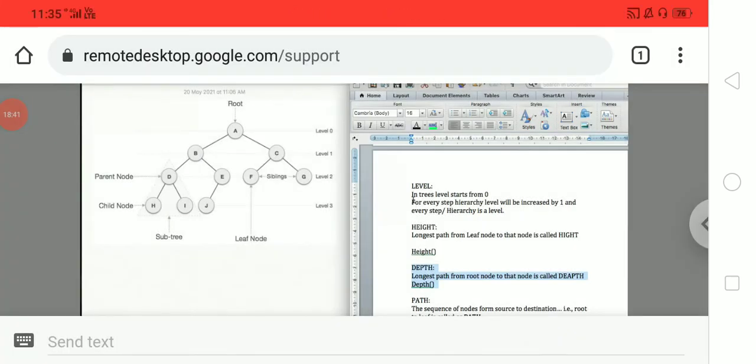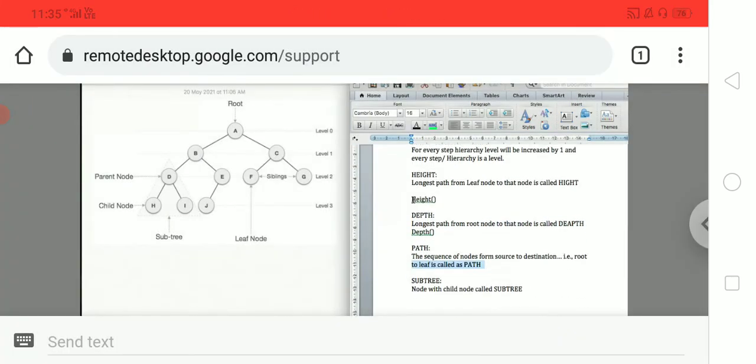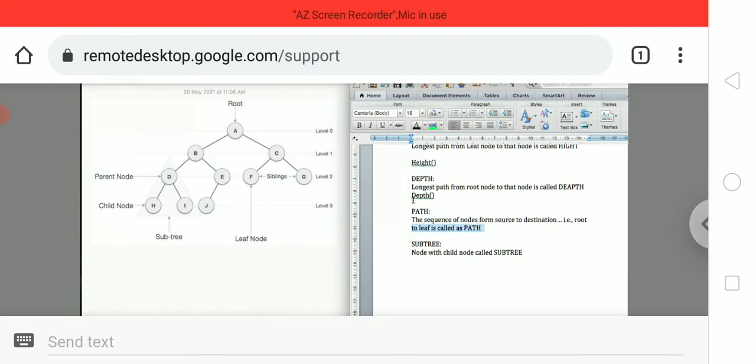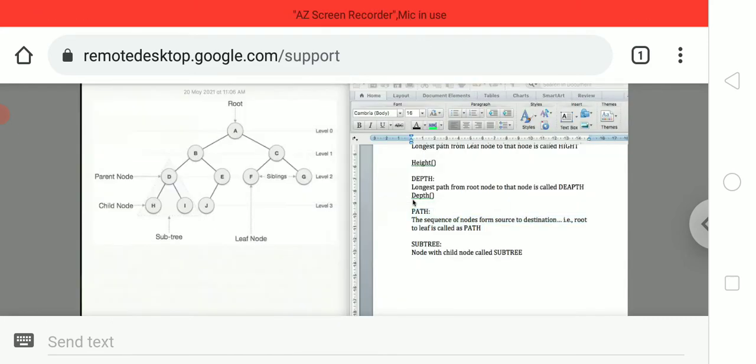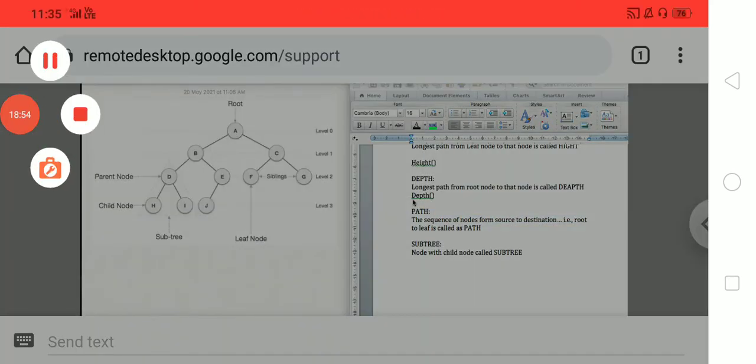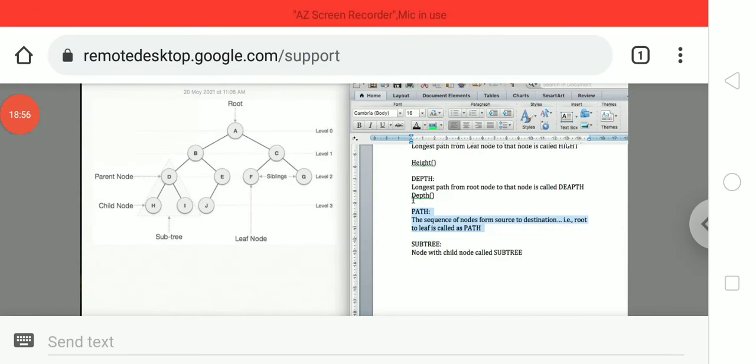Okay, next one is path. The sequence of nodes from source to destination, that is, root to leaf, is called a path. Now if I would like to find the path of A to I, where is the I node?